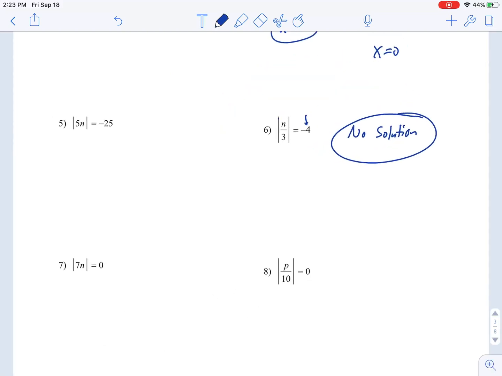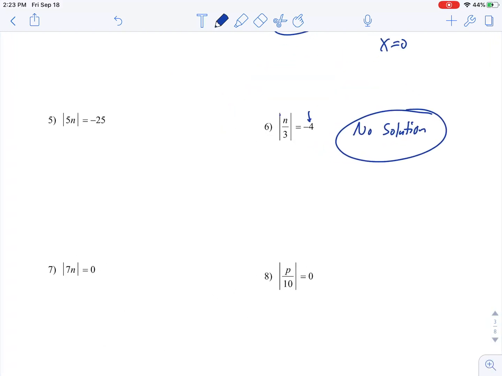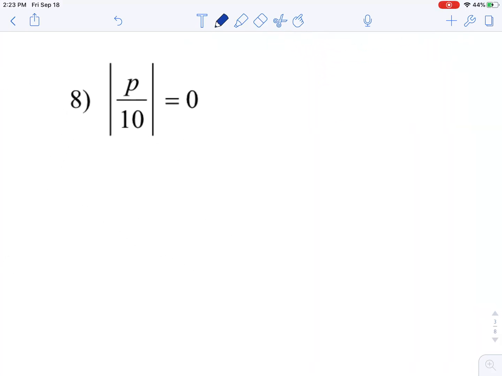It's just no solution. And tell you what, I'll go ahead and do number 8 as well, and then we can check these both at the same time. So absolute value of p over 10 equals 0. Once again, equal to 0 means there's only going to be one solution, so all you have to do is p over 10 equals 0.